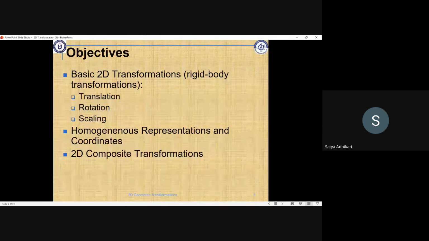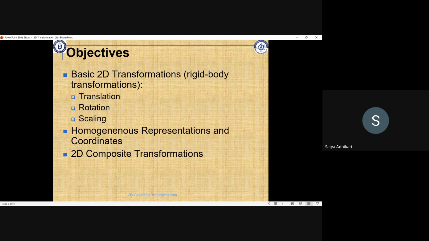When we apply composite transformation to an object, to a body, it means we can apply one transformation followed by another. Suppose you want to rotate the object as well as change the size.